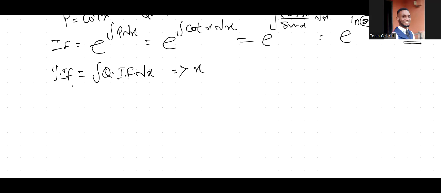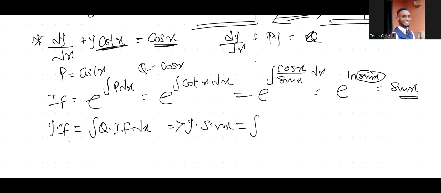Okay, so we have our y times the integrating factor, which is sine x, which is equal to the integral of, what is q? We already have q here, you can see q. Our q is cos x, so we use it. So q is going to be cos x multiplied by the integrating factor, which is also sine x, multiplied by dx.